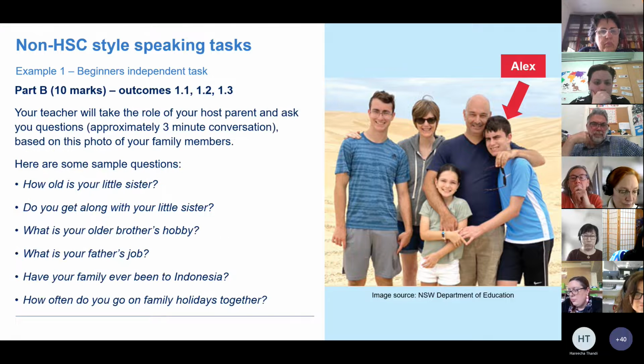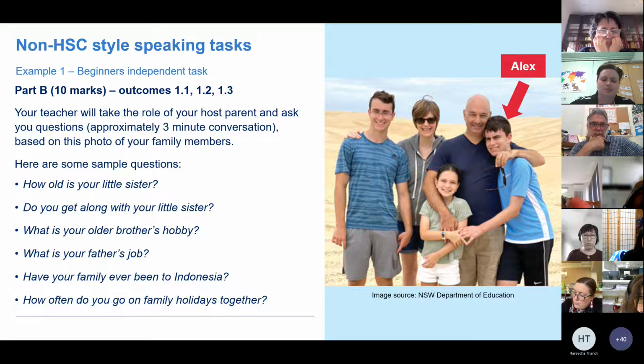And this is part B. Please also take a moment to read through this. And I've actually done this task with my class, so it's tried and tested, but I did it in Japanese.